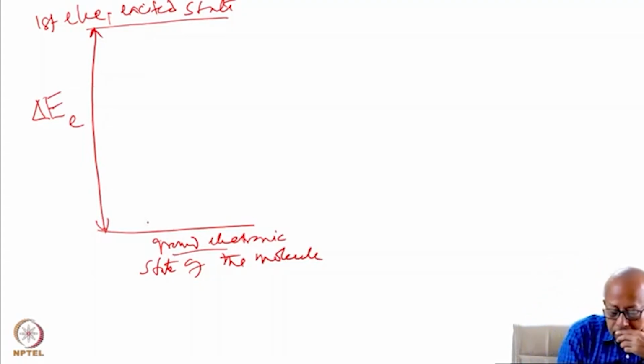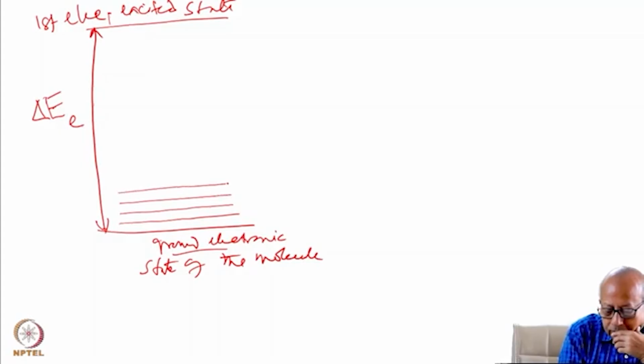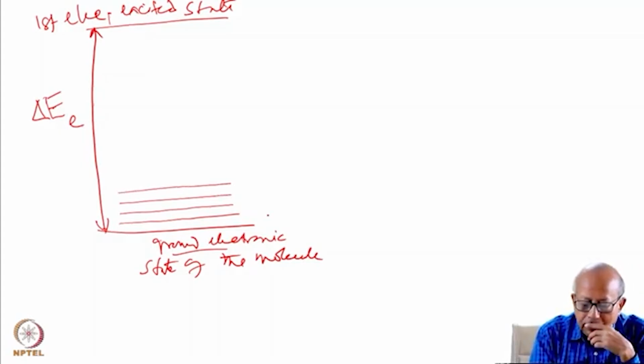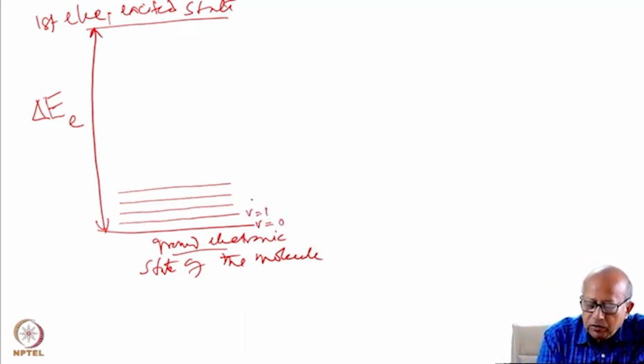So that means if I draw in this scale, very qualitatively, the vibrational excited states can be denoted like this. They are equispaced, and so this is the V equal to 0 state. This is the first vibrational excited state. This is second. This is third. This is fourth, and so on.